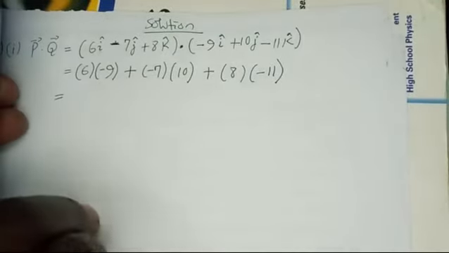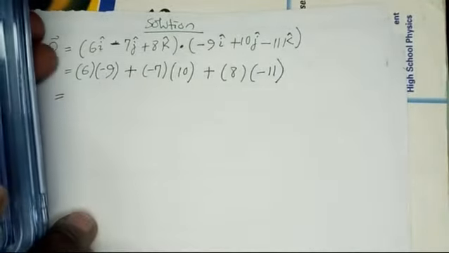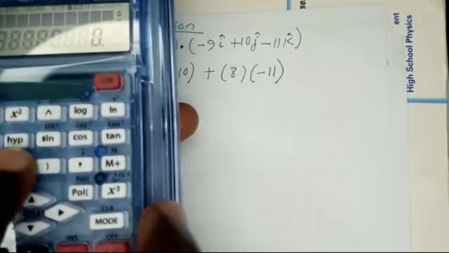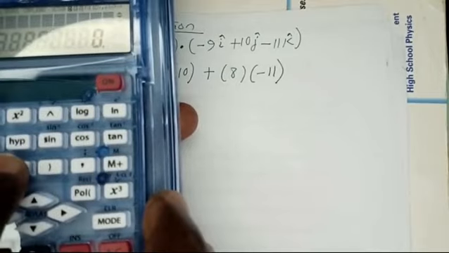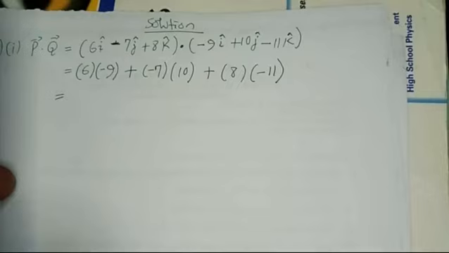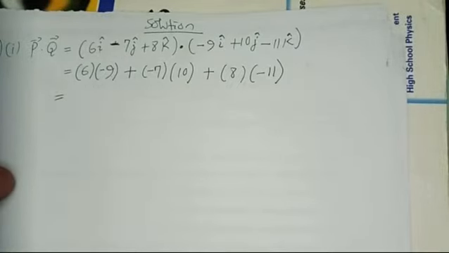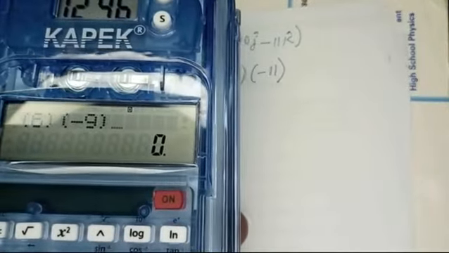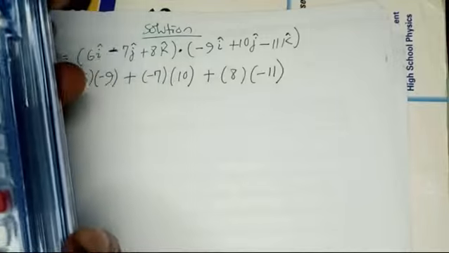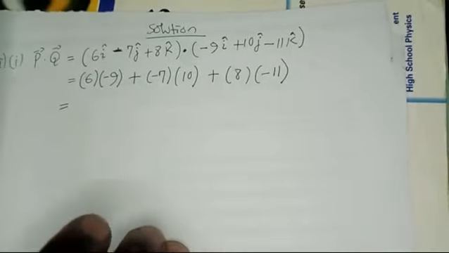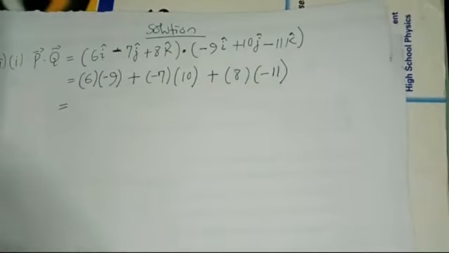So I will show you how to do that using your calculator. Check the calculator. This is where you have open bracket, close bracket. So I'm going to press this one. Open bracket 6, close bracket, then open bracket again, negative 9, close bracket. See what appears here, and this is the first portion. Then you press the plus operator, and you do the same for the rest.